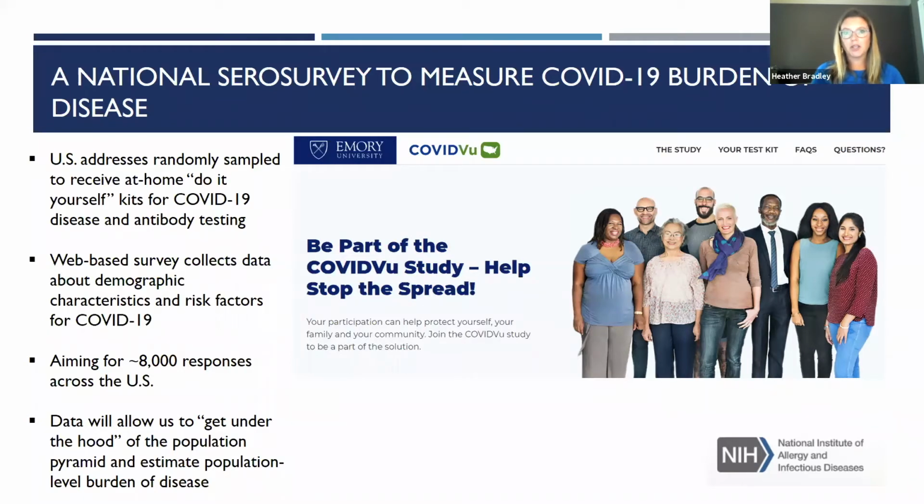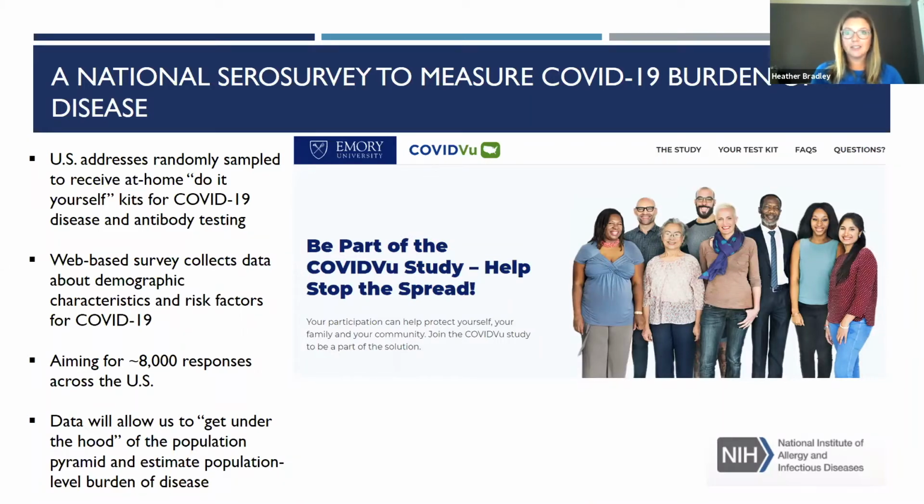What we're doing is using complex sampling methods to randomly select US addresses all over the country to receive at-home, do-it-yourself kits for COVID-19 disease and antibody testing.